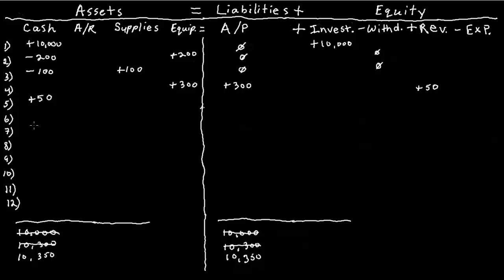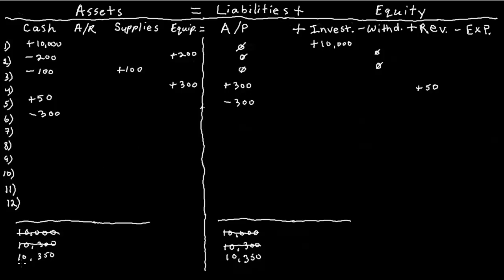Now for number 6, let's say we made a payment of accounts payable for $300, which is for this piece of equipment that we bought over here in number 4. So now we're going to pay for it. When we eventually pay for it, our cash goes down by 300, and our account payable, since we no longer owe it, also goes down by 300.